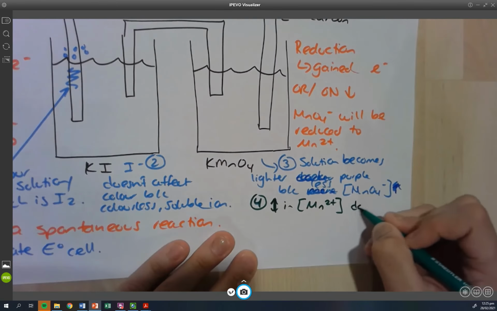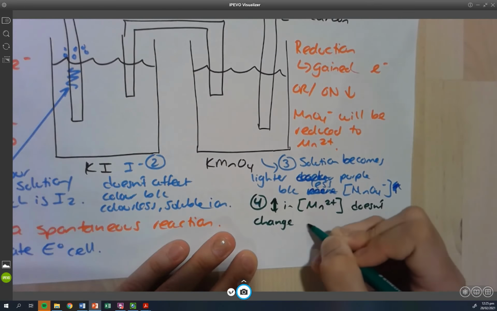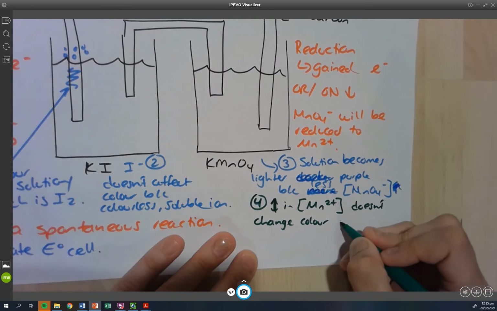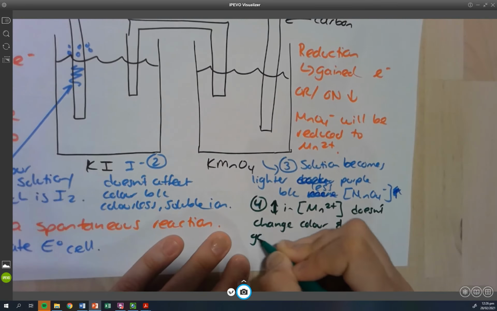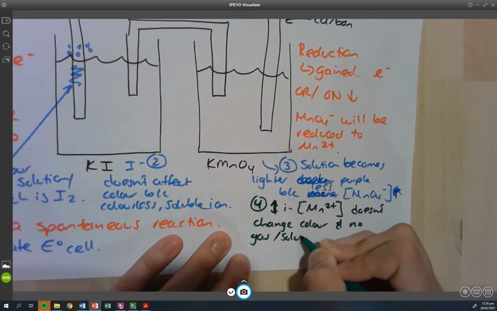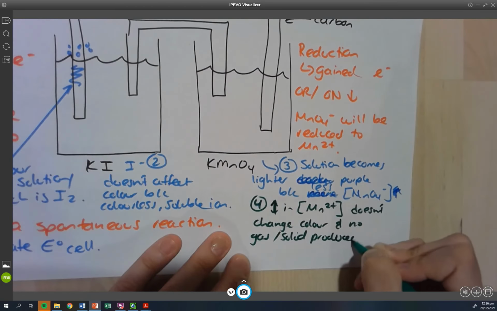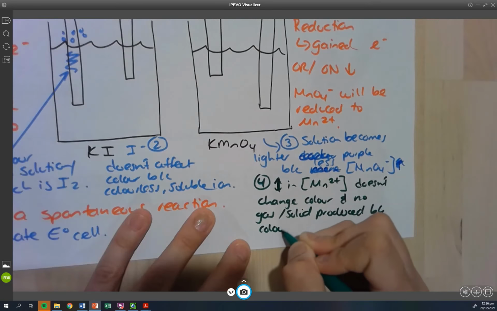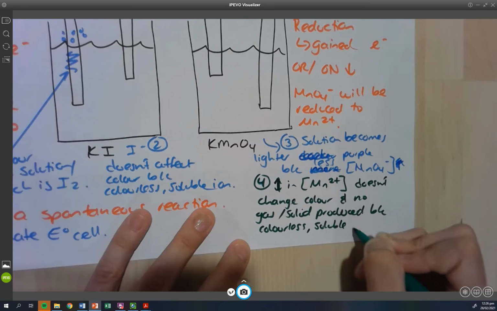Doesn't change color. And no gases produced. Because it is a colorless soluble ion.